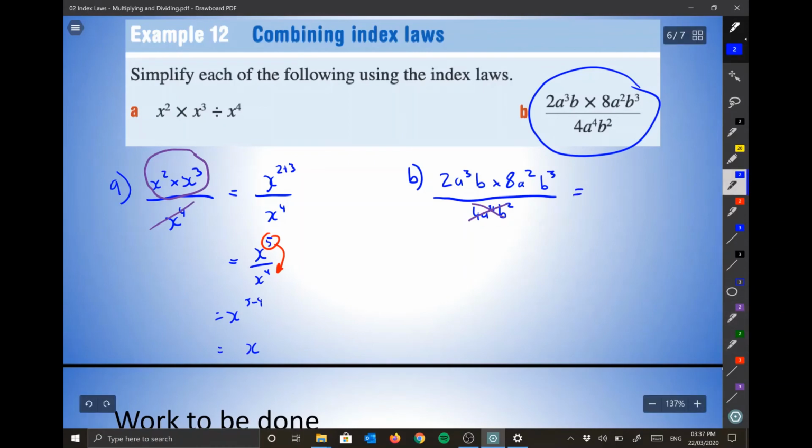We're going to deal with the numbers first. 2 times 8 is 16. Then we're going to deal with the a's, add the indices, and we're going to deal with the b's, add the indices. So when we simplify this, it becomes a to the power of 5 and b to the power of 4.